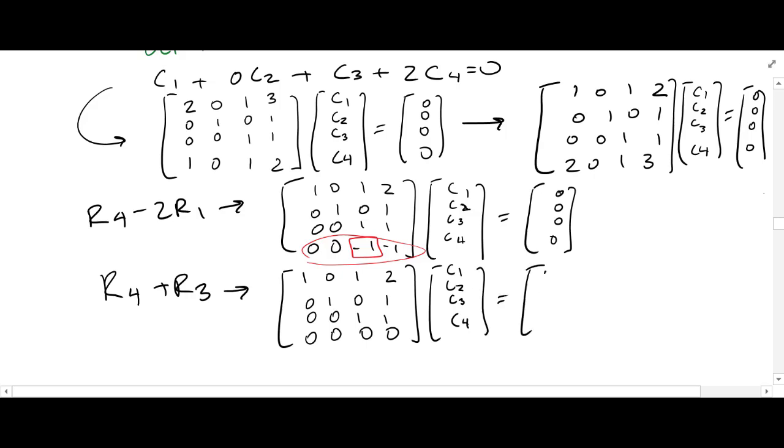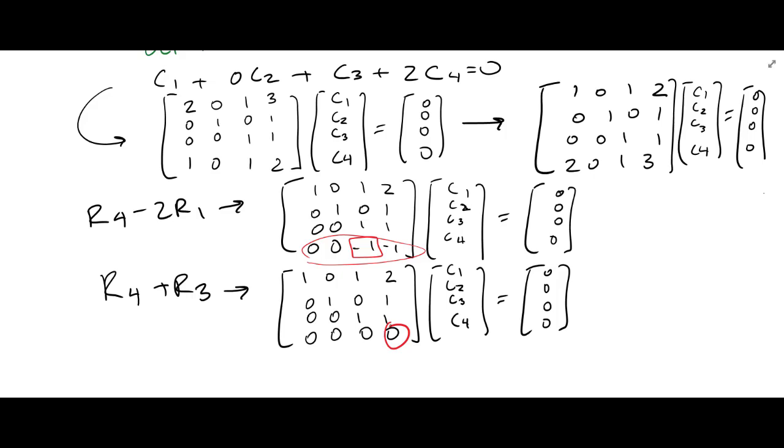So this row of zeros means that we don't have a pivot in each column, because there's not a pivot in this last column. So this matrix doesn't have full column rank, meaning the columns of the matrix were not linearly independent, which means the matrices to begin with were not linearly independent.